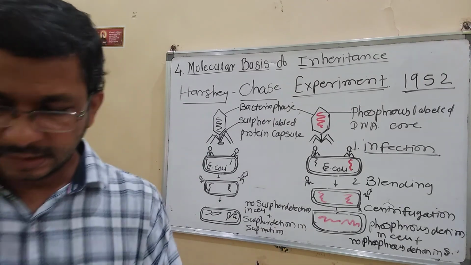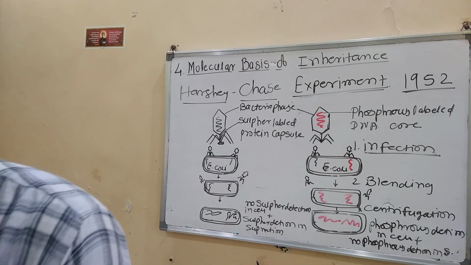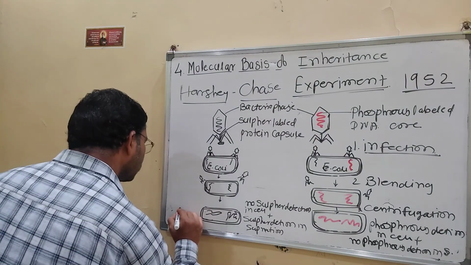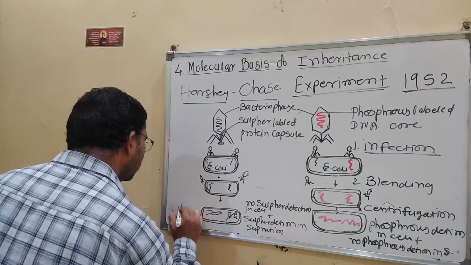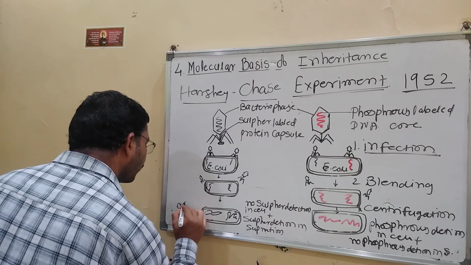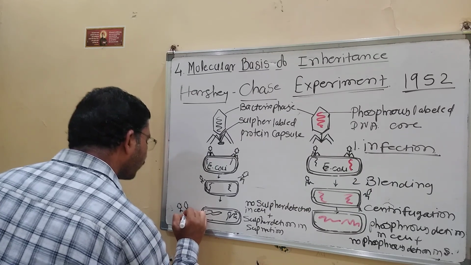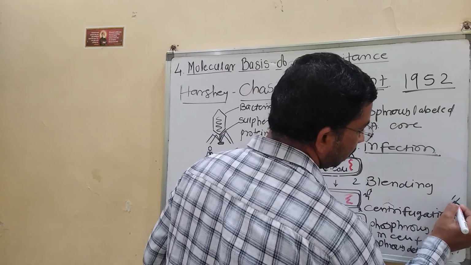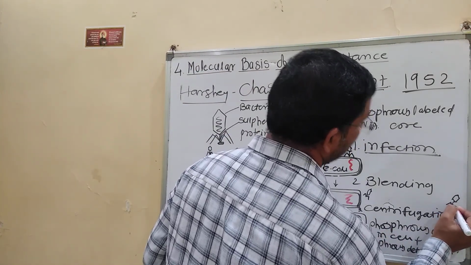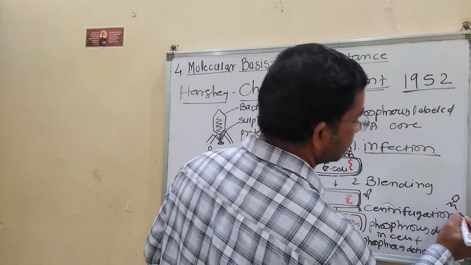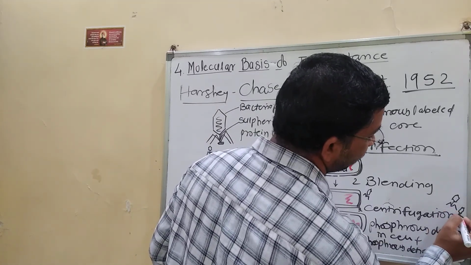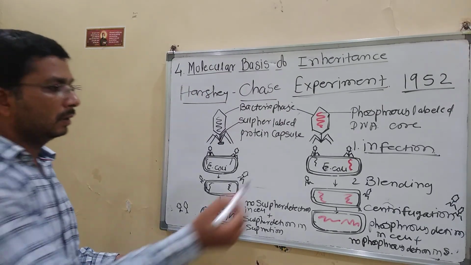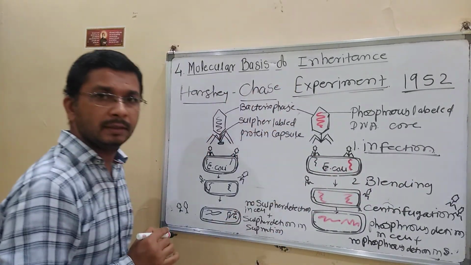This is the diagrammatic representation of the Hershey and Chase experiment. Here we found there is infection.